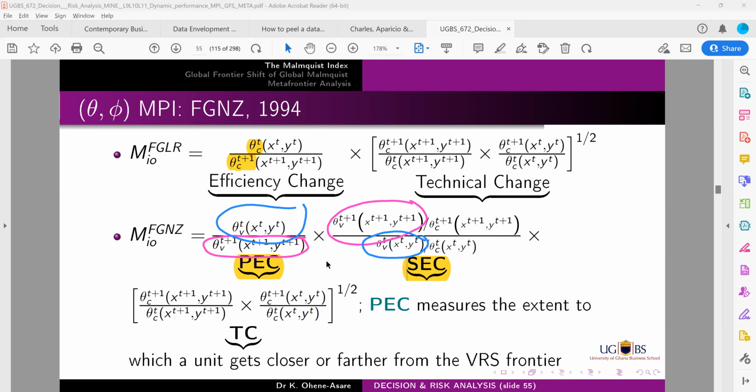So if that happens, and it happens that the company does well, managers cannot attribute that doing well to themselves. No. Remember, efficiency change is looking at performance of managers. That is efficiency change. Efficiency change is looking at managerial performance.